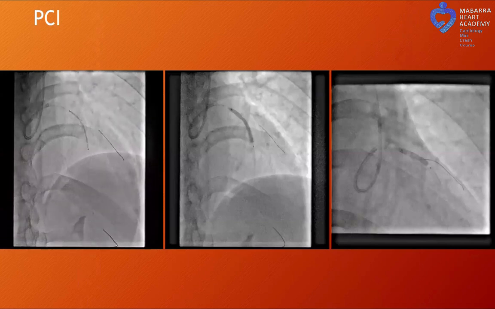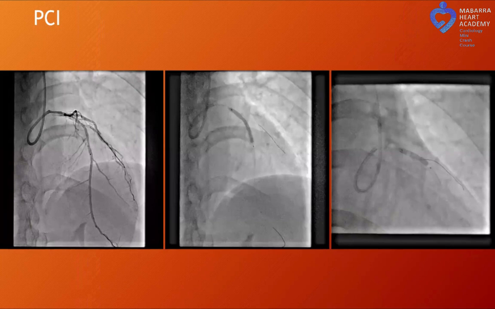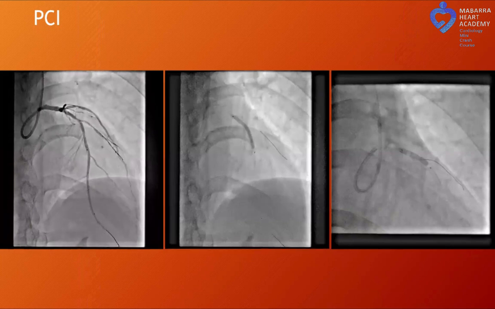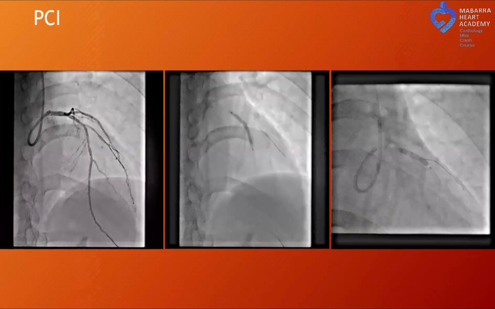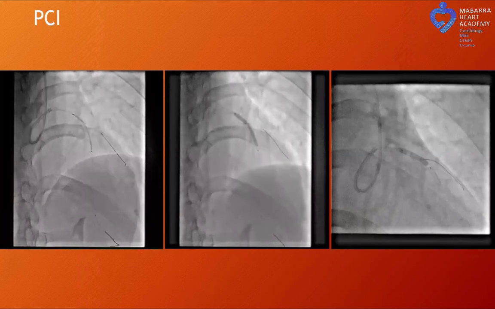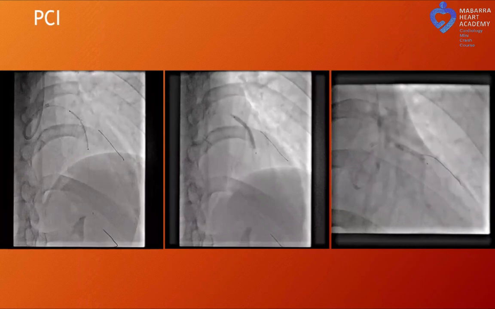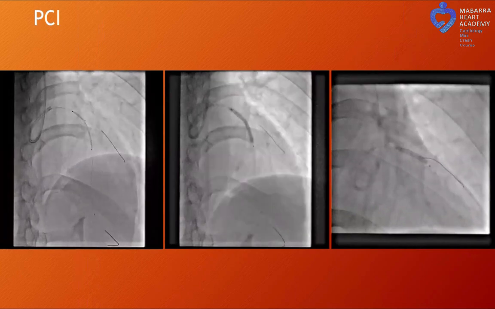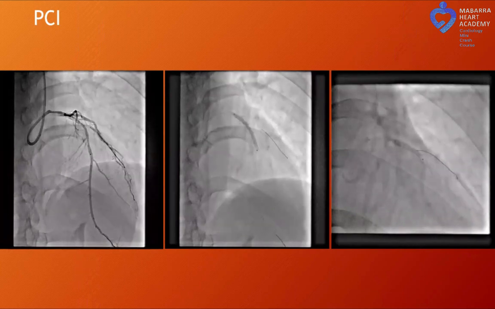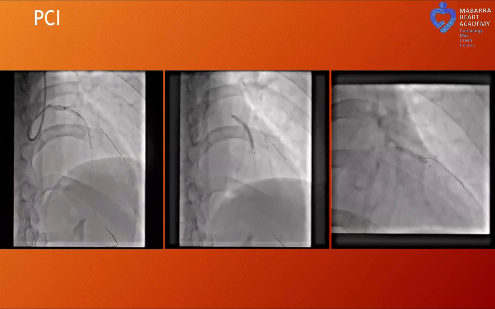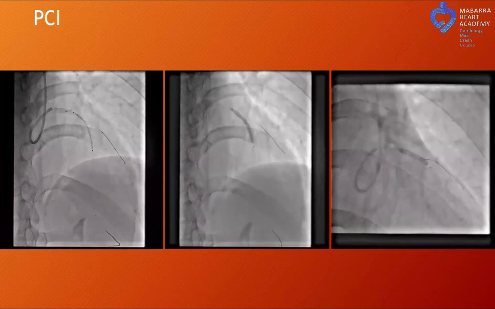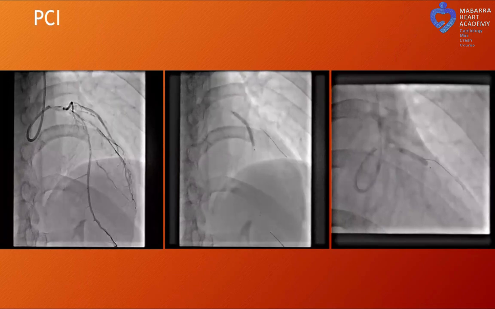We delivered a stent covering the proximal and mid LAD, and this was all determined by OCT. Then we did a POT for our post-dilatation, and you can appreciate that the stent was well expanded and the lesion has yielded.